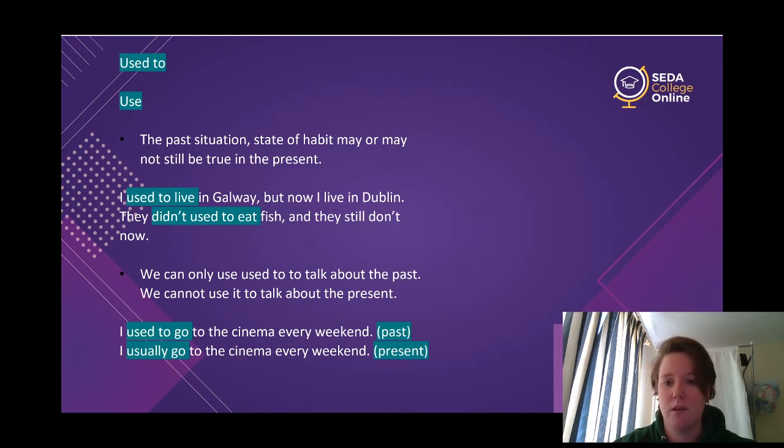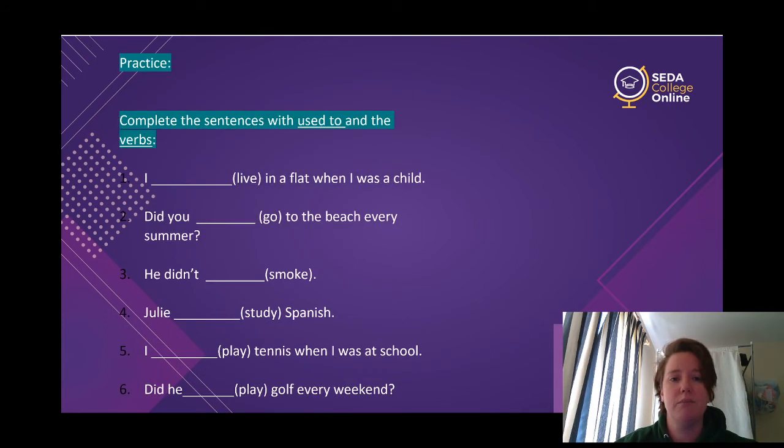Okay, now let's see how we get on. I'm going to get you to do some practice. I want you to complete the sentences with "used to" and the verbs. So all of these are "used to", okay? Just look at them. I don't think there's any negative, but check to see if it's present, or if it's just interrogative.